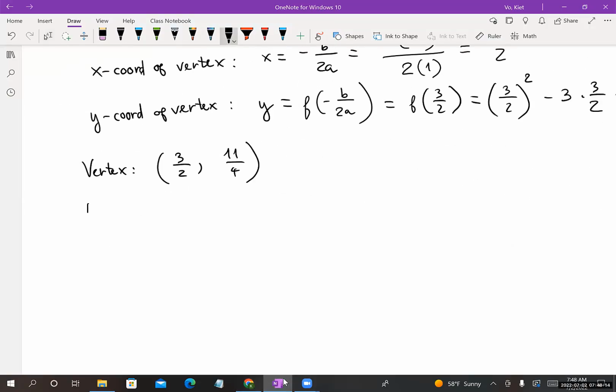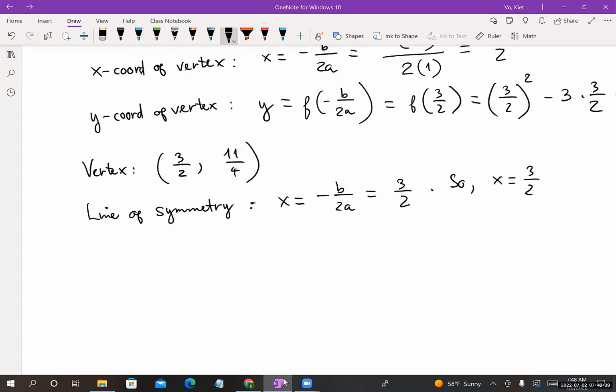So the line of symmetry for this vertex is going to be x equal to negative b over 2a, which is equal to 3 over 2. So the line of symmetry is x equal to 3 over 2. Okay.